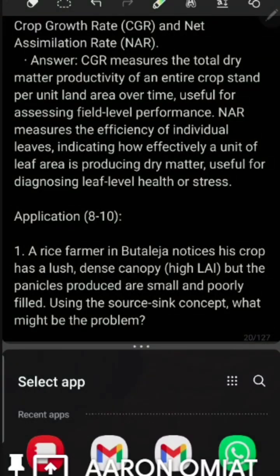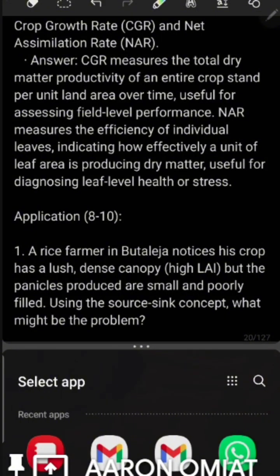Okay, I think there is production of photosynthesis, there is production of the photoassimilates, but they are not able to reach, they are not utilized. The source is active, but the sink is inactive. That's what I think. That's very good.